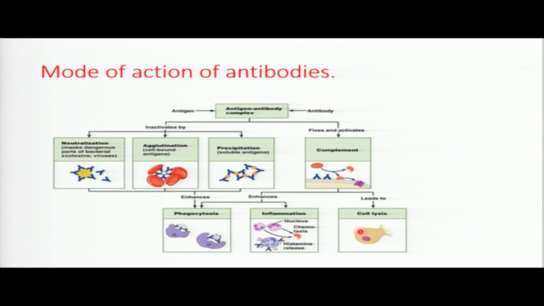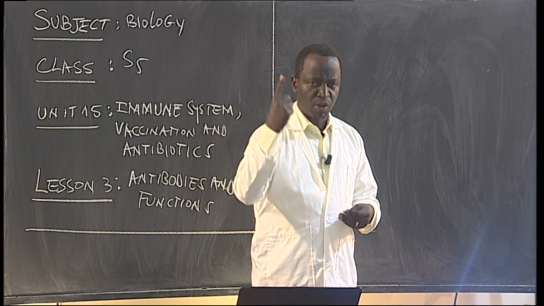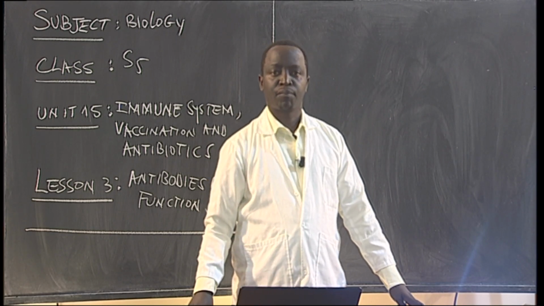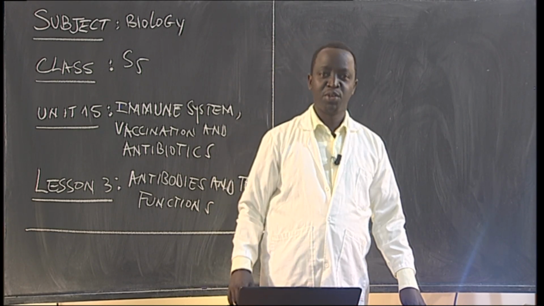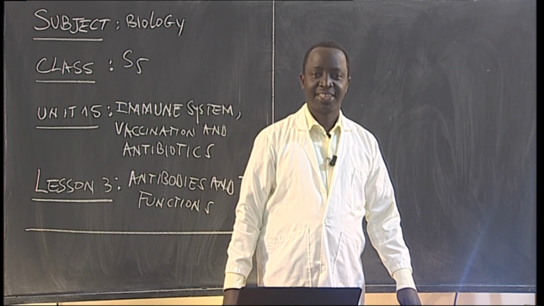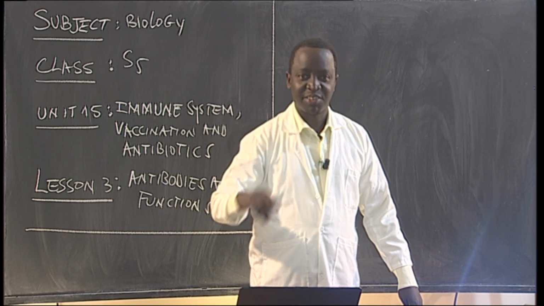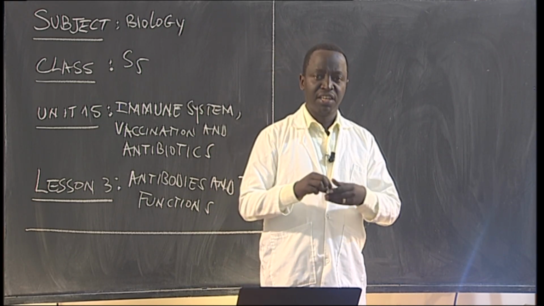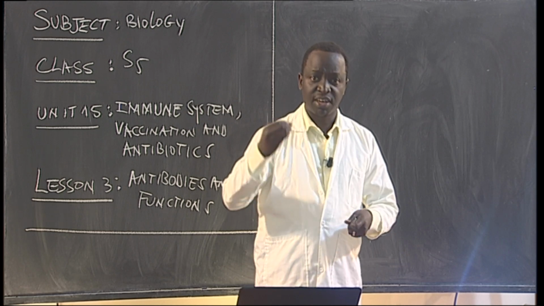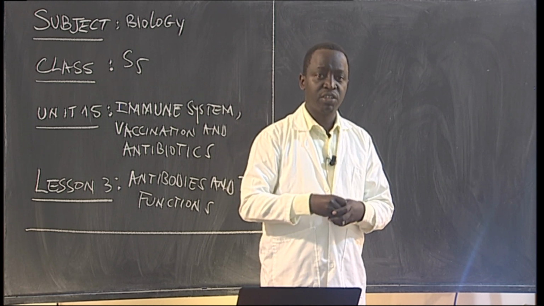Before I give you the homework, we can try to review. What is an antibody? When we talk about antibody, what do you understand about that? Nice. That is a protein that fights against what? Against pathogens in our body. You are right.